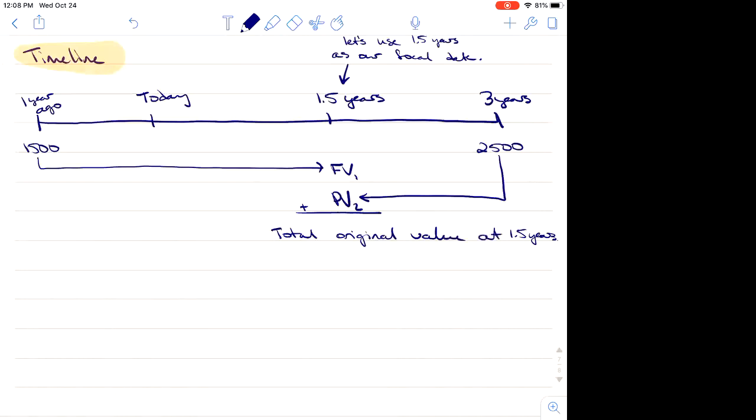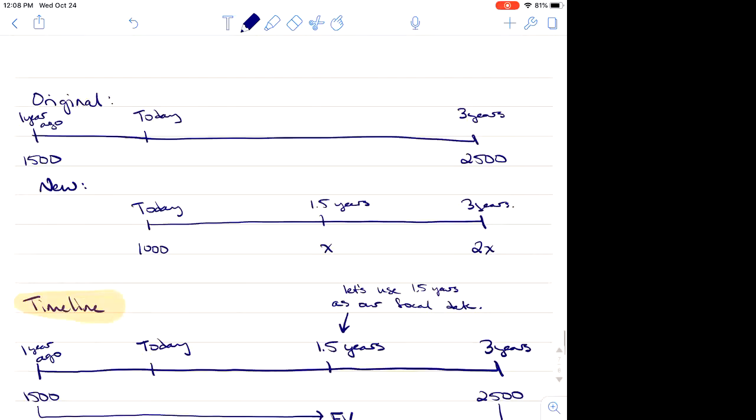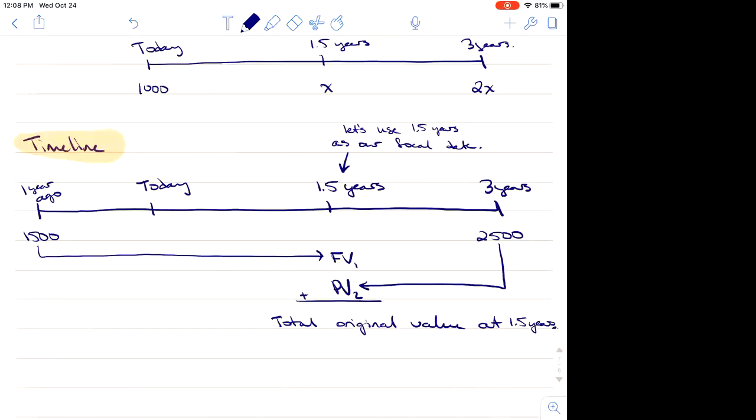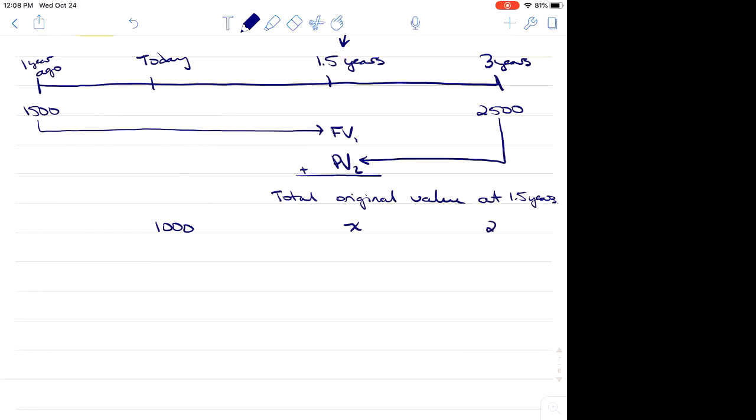So then we have our new payment plan where we're going to pay $1,000 today, X at 1.5 years, and 2X. Actually, I'll put these down below here. 1,000 today, X at 1.5 years, and 2X at 3 years.